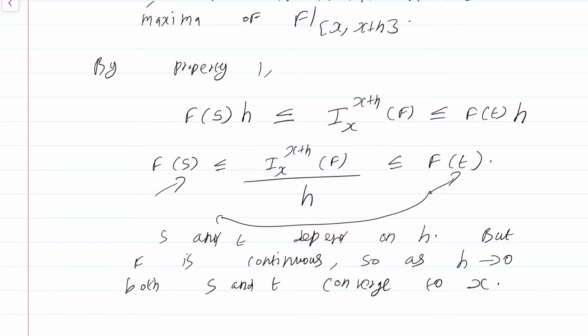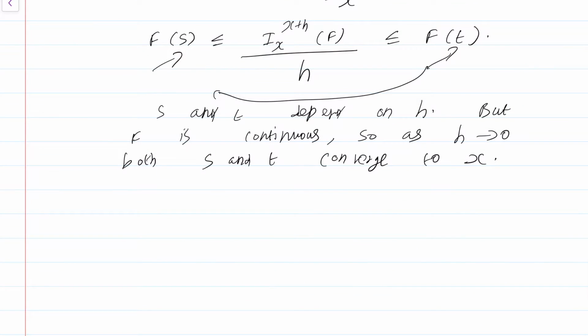So this is saying nothing essentially. You have x plus h, and you have chosen the points s and t somewhere in this interval. As x plus h converges to x, these points s and t will have to go to x, and this just follows by continuity of the function f. This is the place where we have used the continuity crucially.